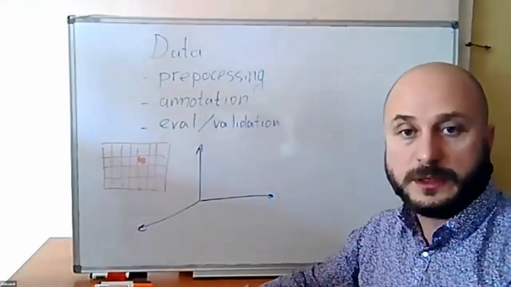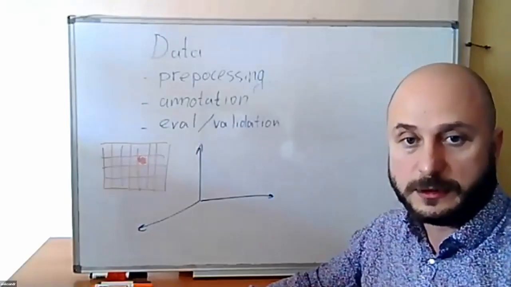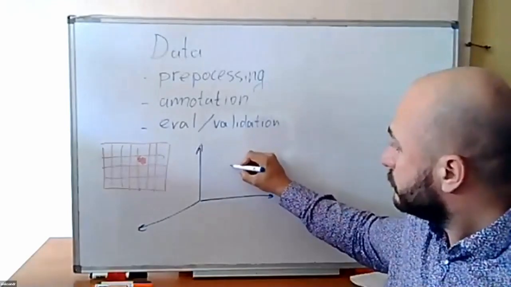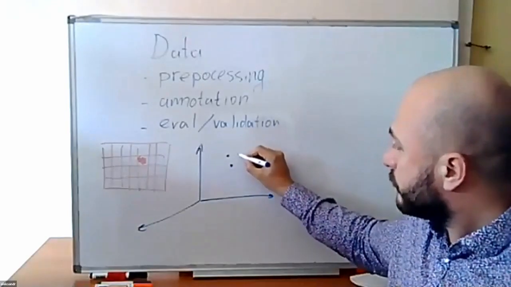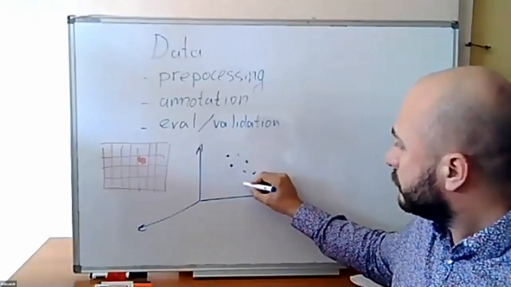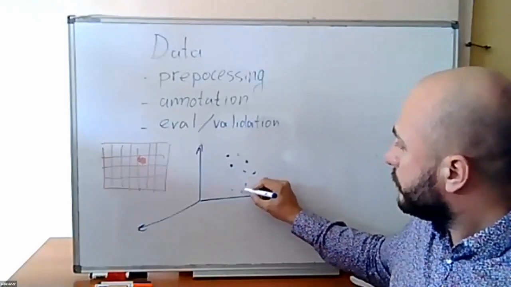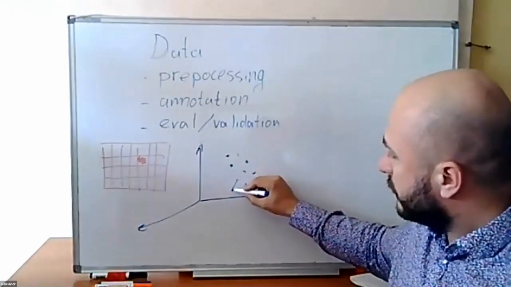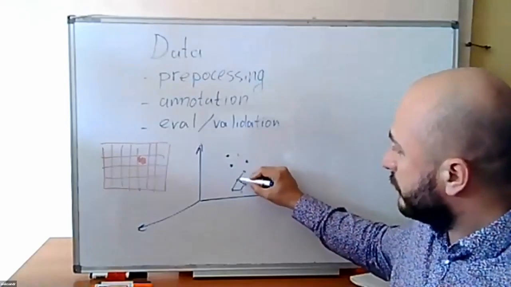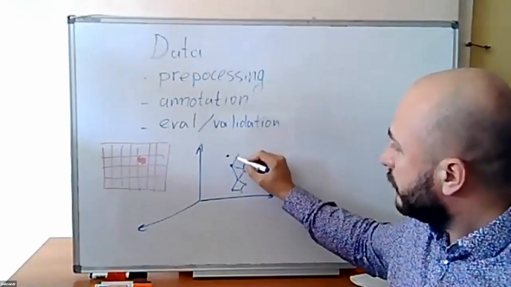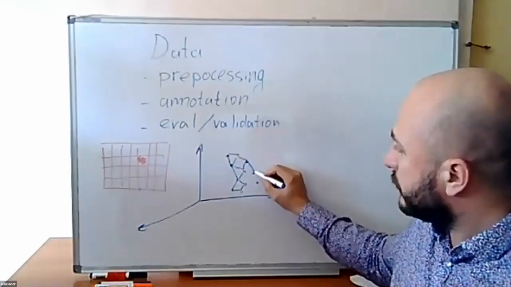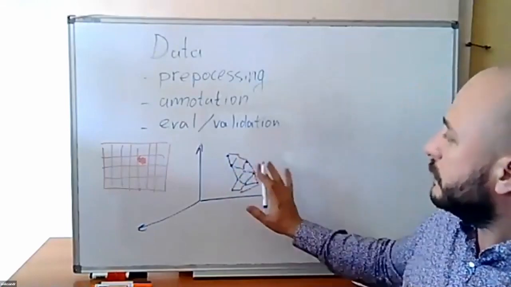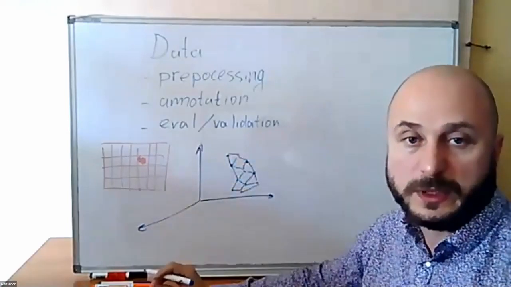And historically, each object could be represented there as a set of vertices that are connected to each other with some edges, so that we have polygons here, and each surface we can represent is a set of vertices connected between each other.